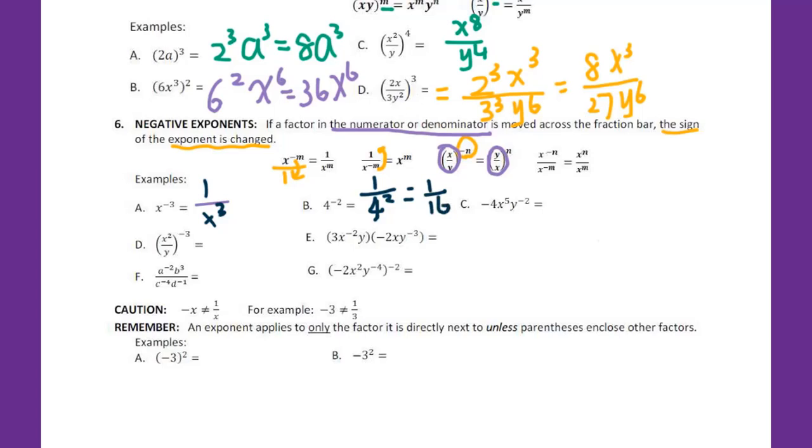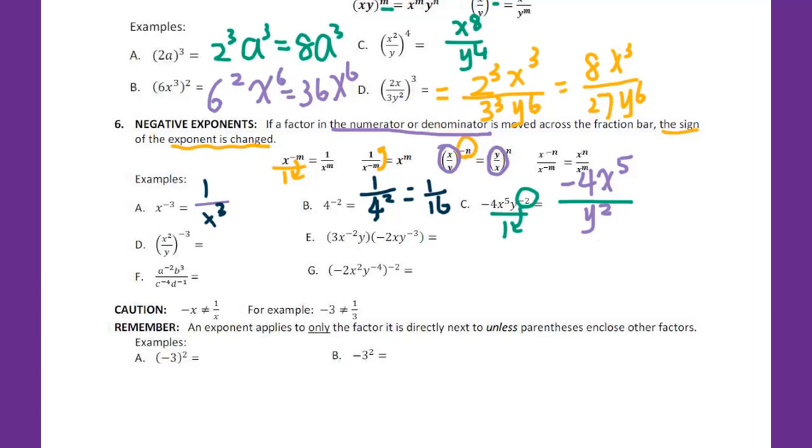For c part, focus on negative exponents. So drop down the negative exponents. Negative 4 x to the fifth, you stay. Only flip the variable with the negative exponents. So you got y squared.